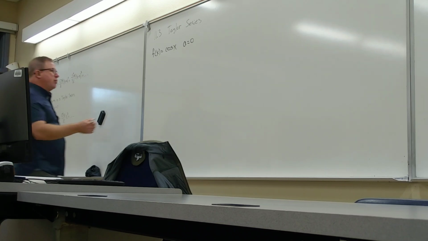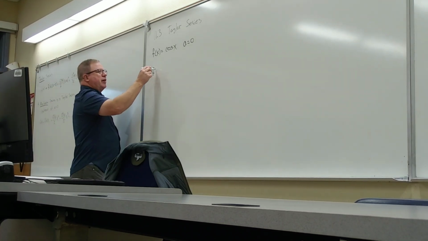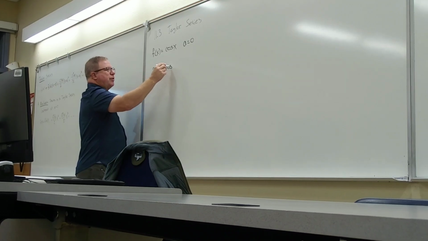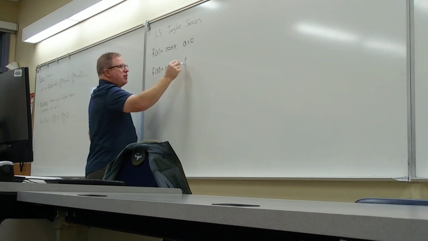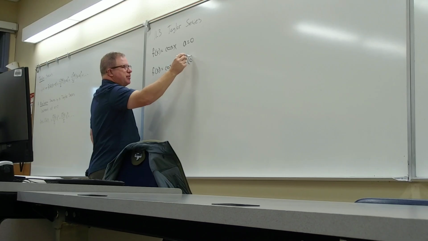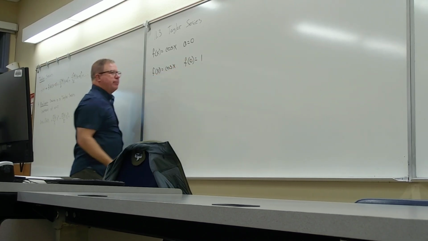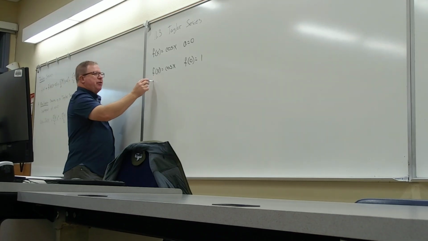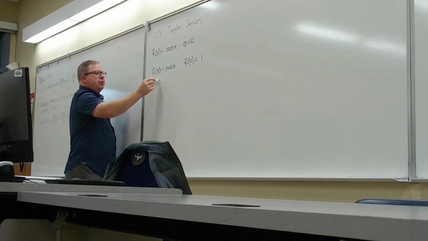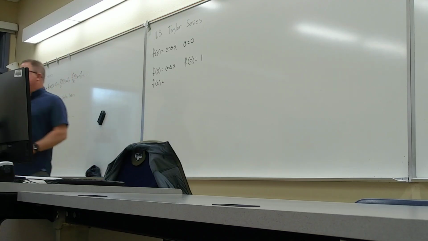Because we're going to find f of x, where we write the original function, and then we evaluate it at the center, which in this case is 0. Cosine of 0 is 1. And the question is, how far down do we need to go with these derivatives?